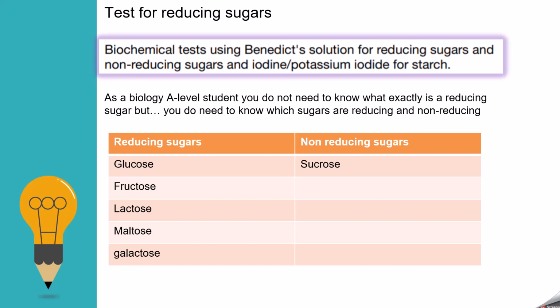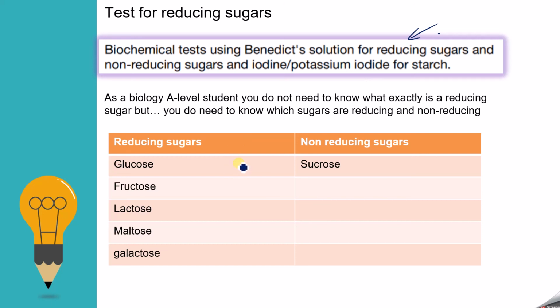But anyway, in A-level biology you don't really get asked what is a reducing or non-reducing sugar, but because it's mentioned on the specification, I'd really make sure you know. If I explain it, it'll be overly complicated, so no, I'm not going to do that. So the main thing is the examples of reducing sugars that you need to know.